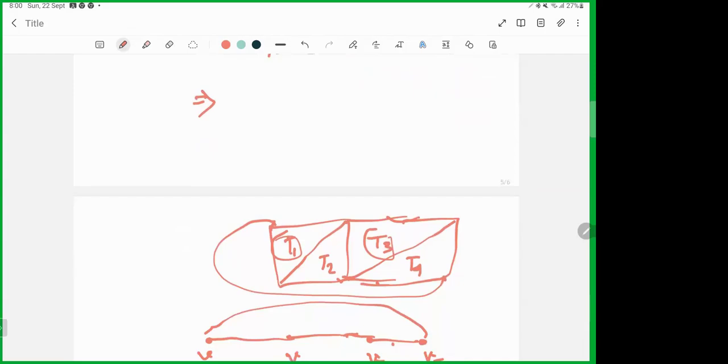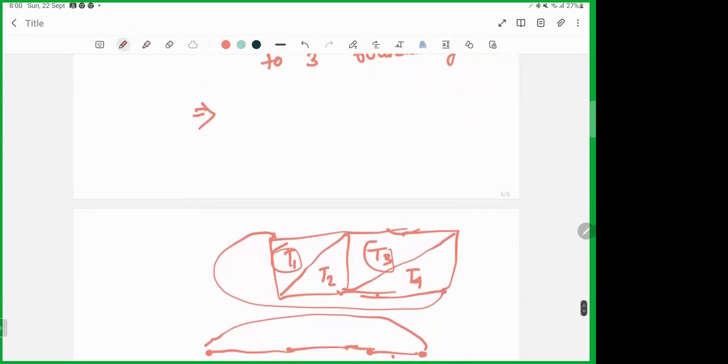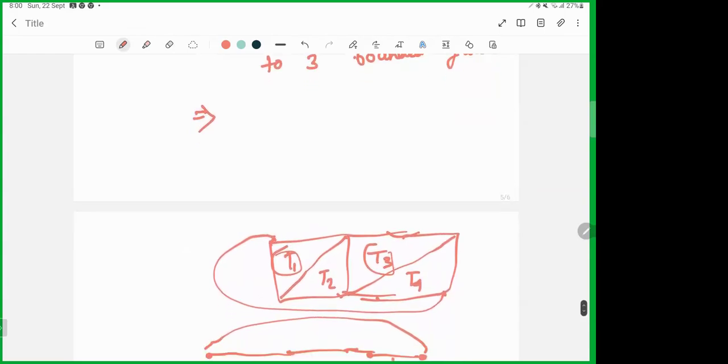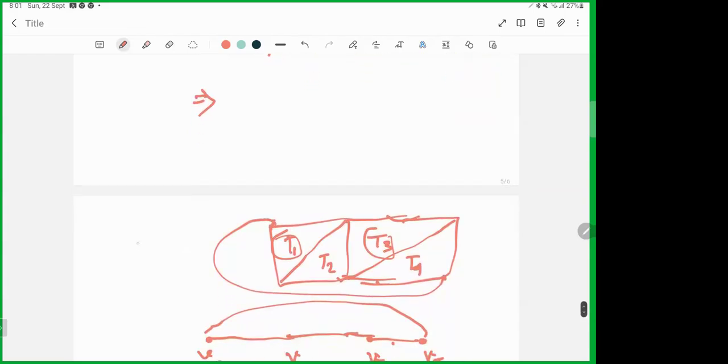Then one of the vertices corresponding to this bounded face will not be on the boundary, right? What is going to happen basically? Because if these three are adjacent, so let's say one is this one, another one is this one, and there is another bounded face which is adjacent to this one, then this vertex is not going to be on the boundary of the unbounded face, right?